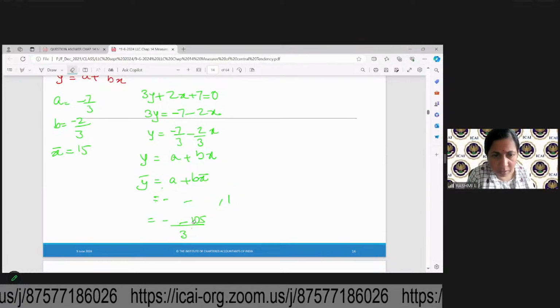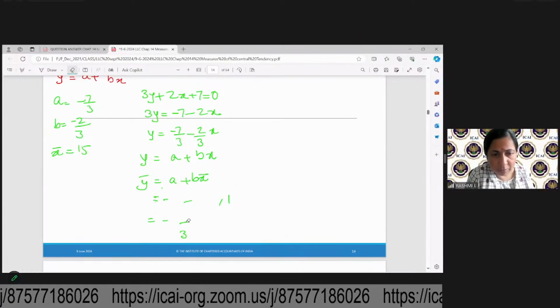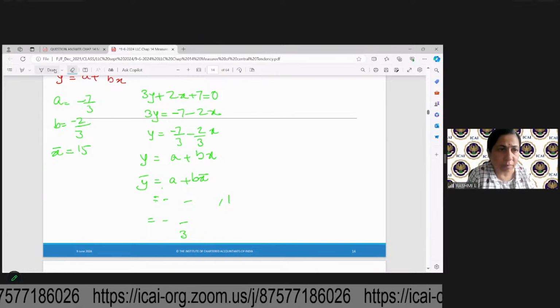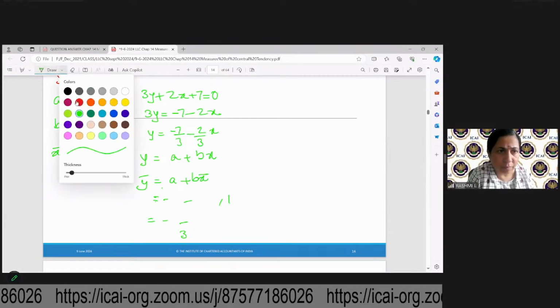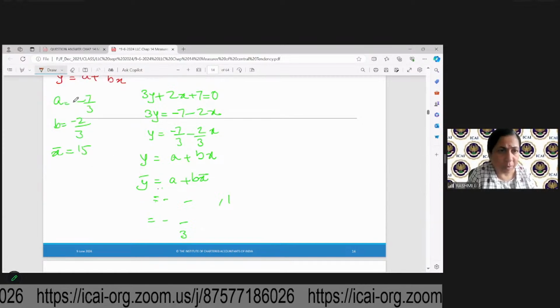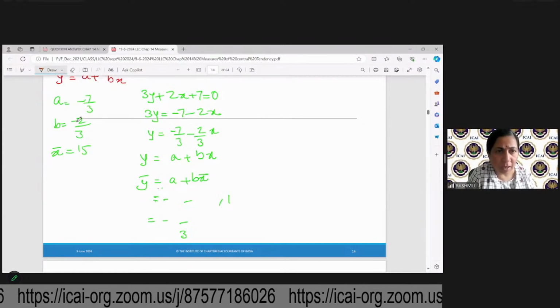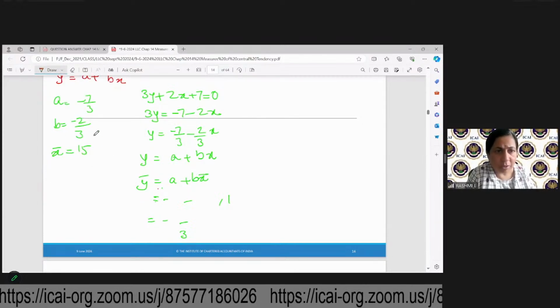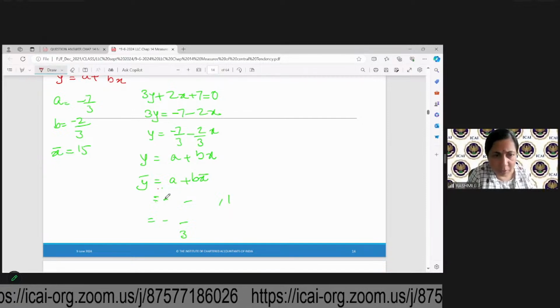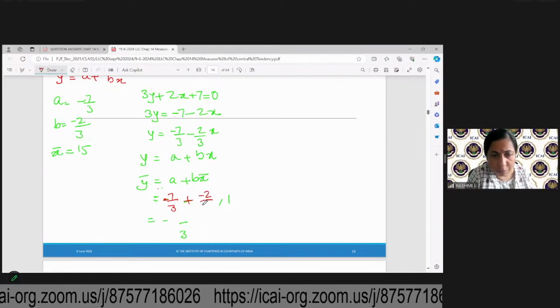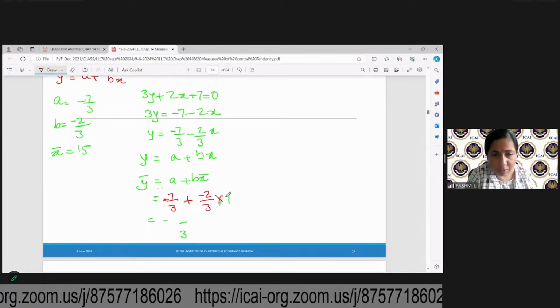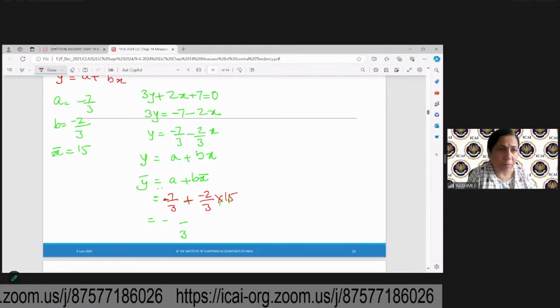A is minus 7 upon 3. A is how much? Minus 7 upon 3 and B is how much? Minus 2 upon 3. So y bar will be equal to minus 7 upon 3 plus minus 2 upon 3 into x bar. X bar is what? 15.